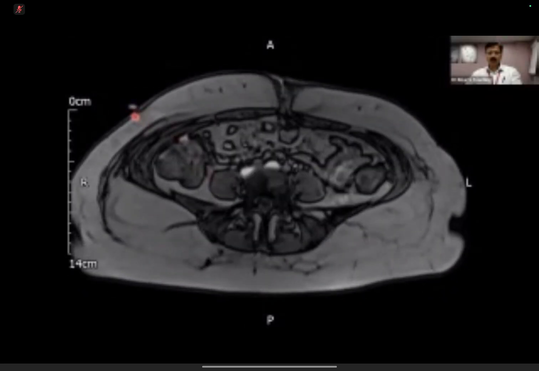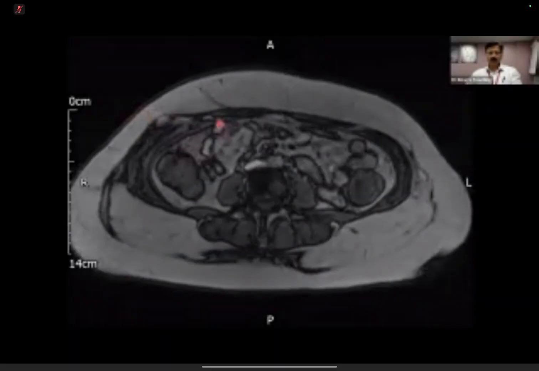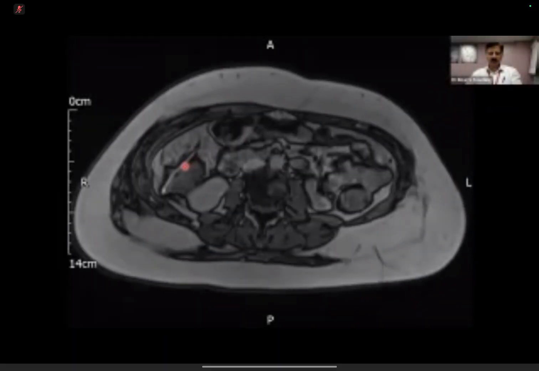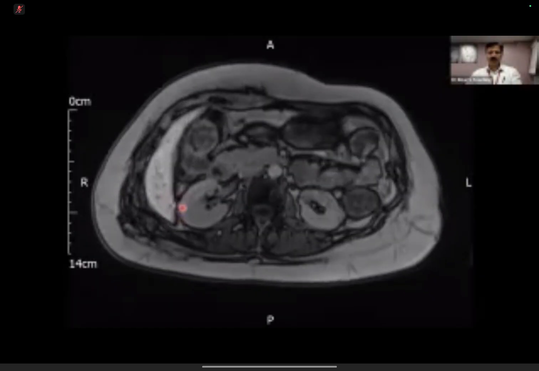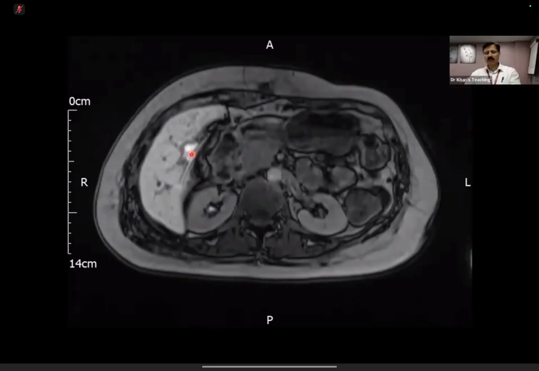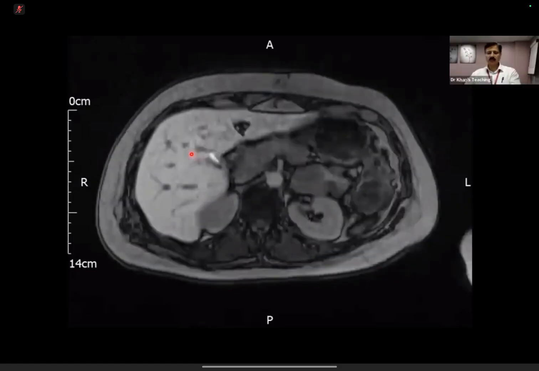Now this is that drain, and you can see that even this drain looks a bit bright now. As we are tracing it backwards, you can see here that there is contrast pooling in the gallbladder fossa. So you have made a black and white diagnosis that there is a biliary leakage. This is one of the capabilities of hepatobiliary specific contrast.